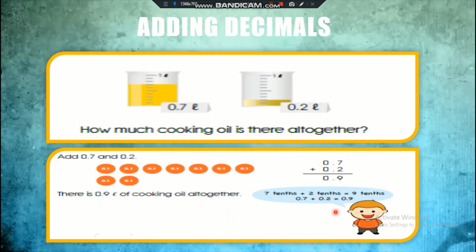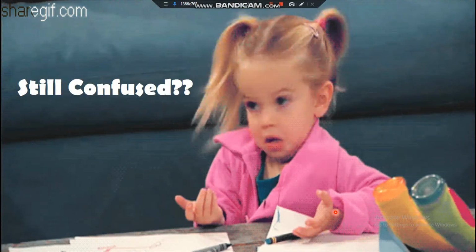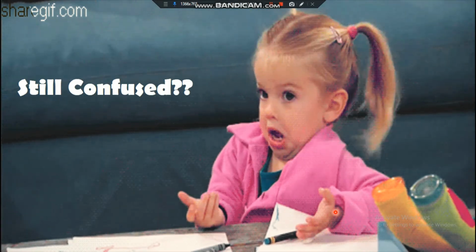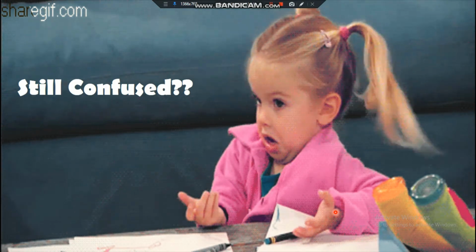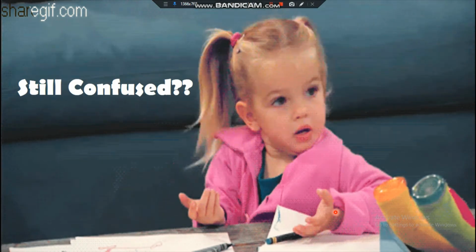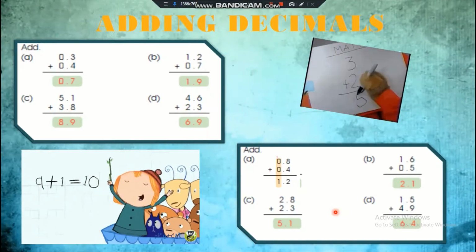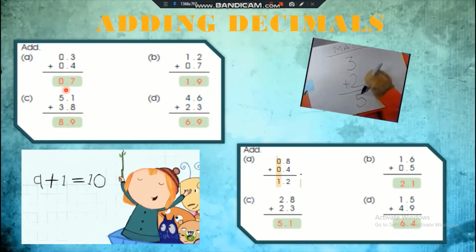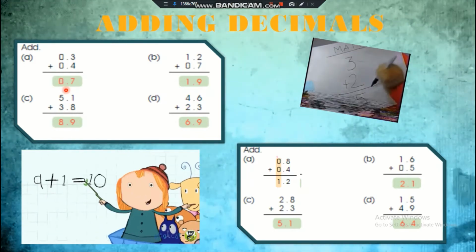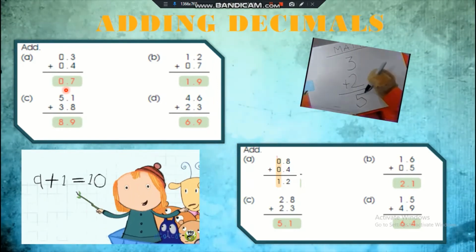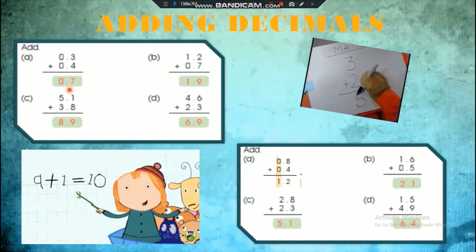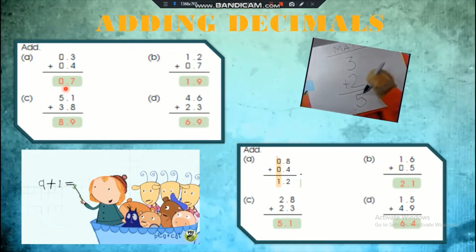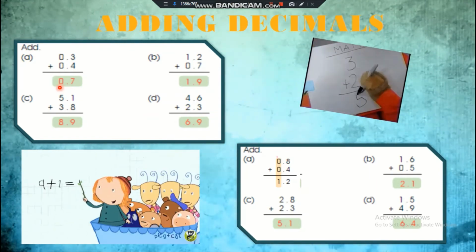Now, let's see some more examples if you are still confused. Over here, it says 0.3 plus 0.4. When you add 3 with 4, you get 7. Your decimal comes as it is and 0 remains 0.